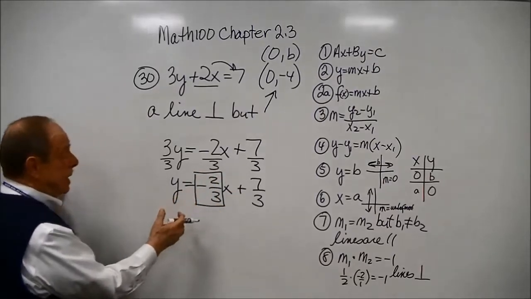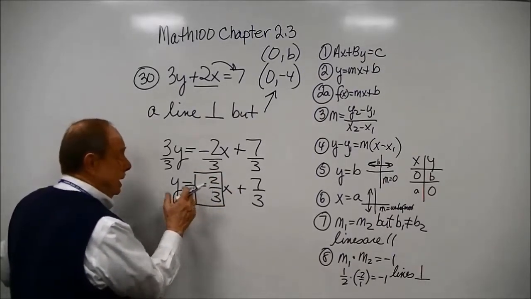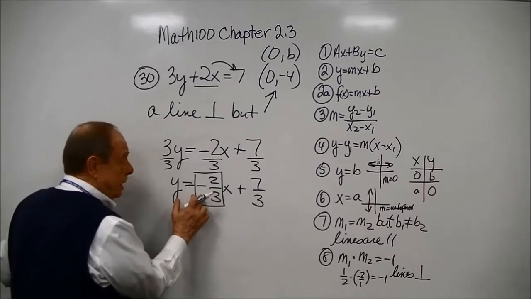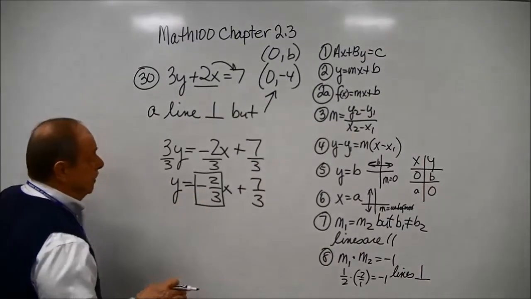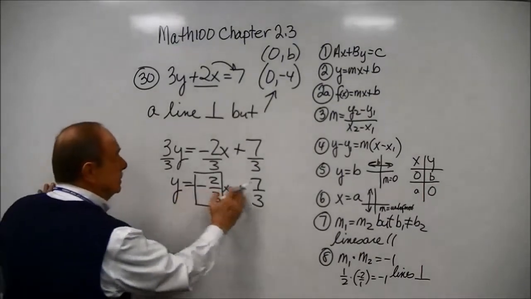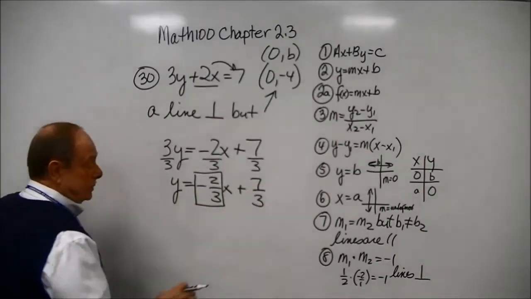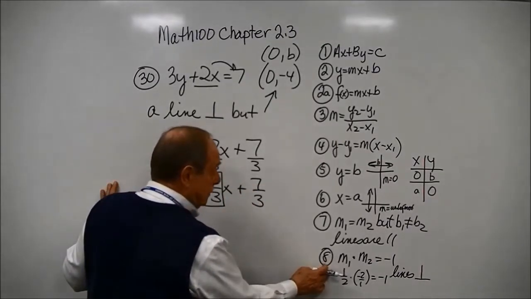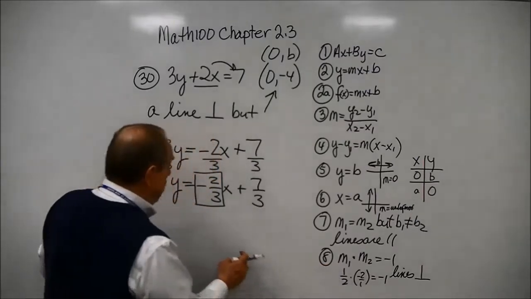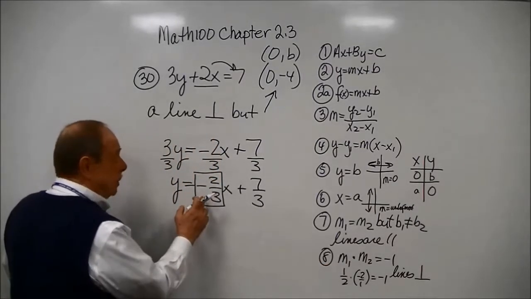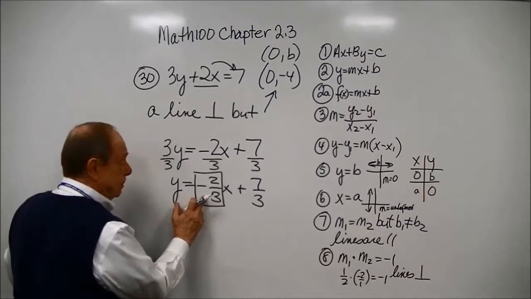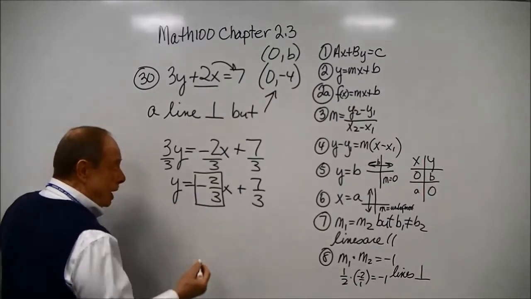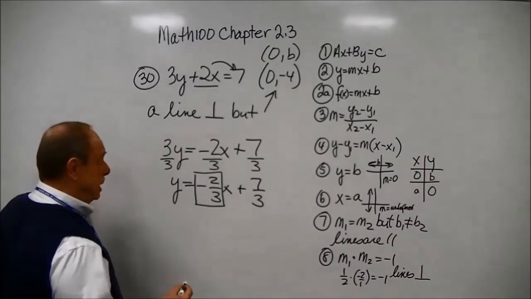Now, in earlier examples, we wanted an equation that was parallel, which would have to have this slope. But we want a line that's perpendicular to this equation. So we look over here again. In order for it to be perpendicular, it has to be the negative or opposite reciprocal of this slope. And they want it in function notation.